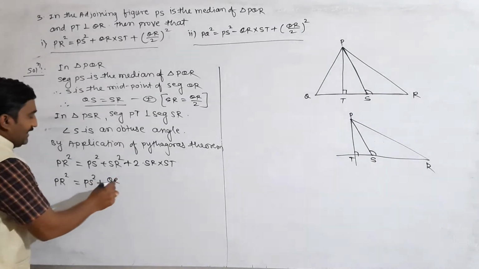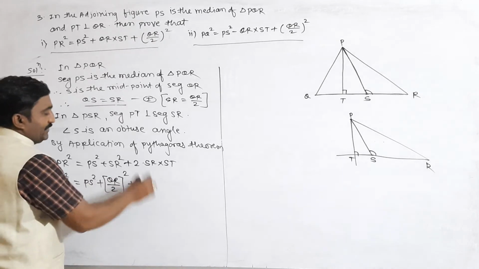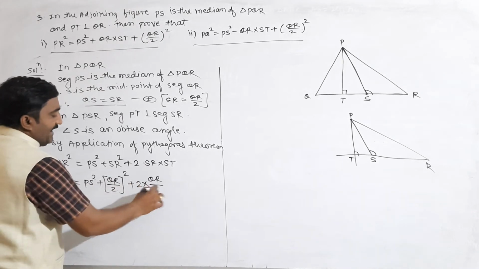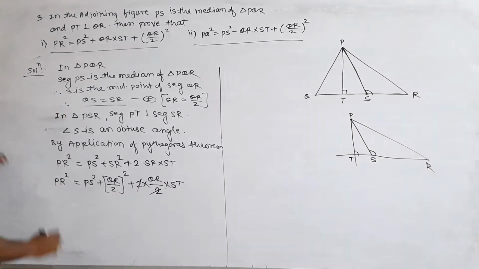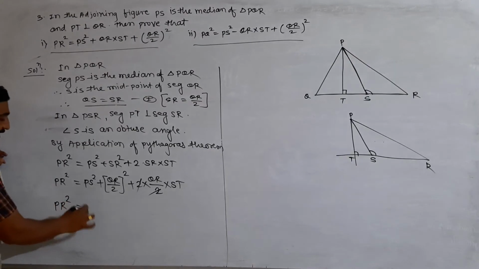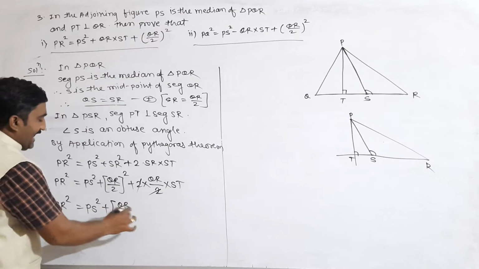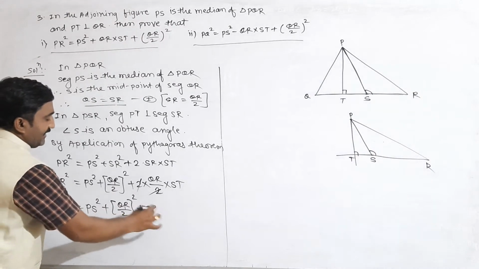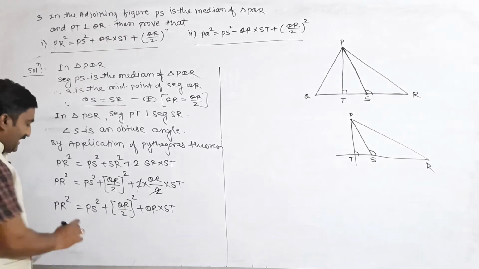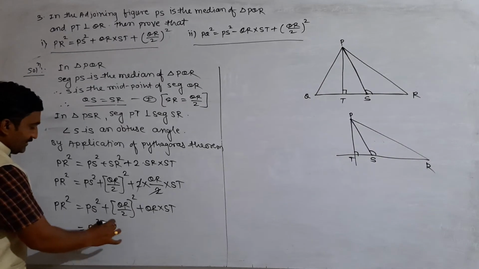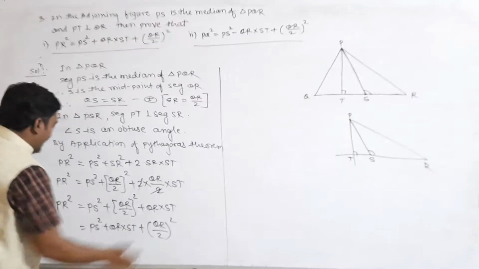So we can write QR by 2 bracket square as it is, plus 2 into the value of SR, QR by 2, into ST. These two 2s get cancelled. So PR square is equal to PS square plus QR by 2 bracket square plus QR into ST. So PS square plus QR into ST plus QR by 2 bracket square.